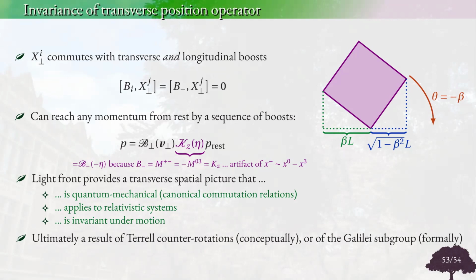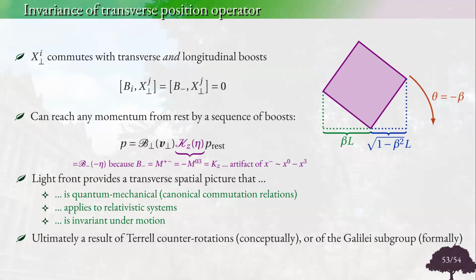So because you can reach any momentum by a sequence of these light front boosts, and because these light front boosts leave transverse position invariant, you have a way of getting a system from rest to any momentum that leaves the transverse spatial structure of the thing you're boosting invariant.